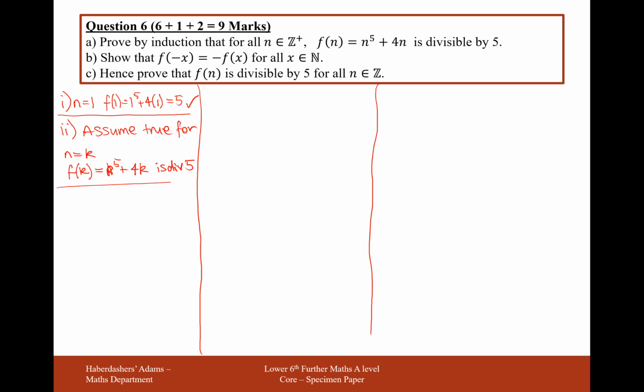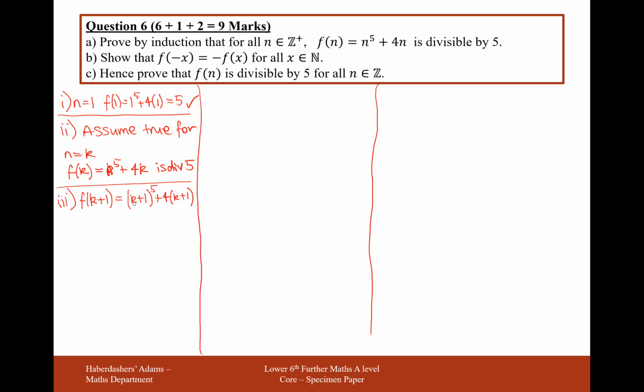Okay, now the more difficult part, part 3. What we have to do now is prove true for f of k plus 1, which is going to be equal to k plus 1 to the power of 5 plus 4 lots of k plus 1.